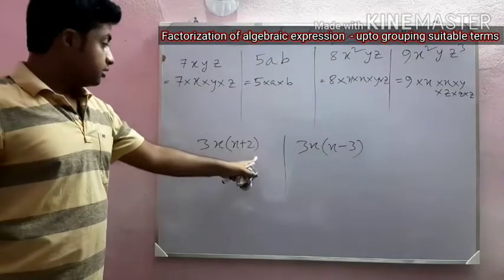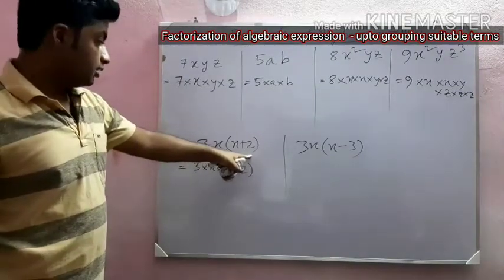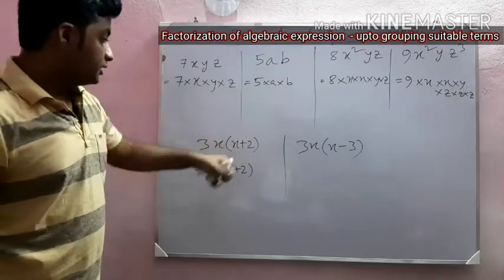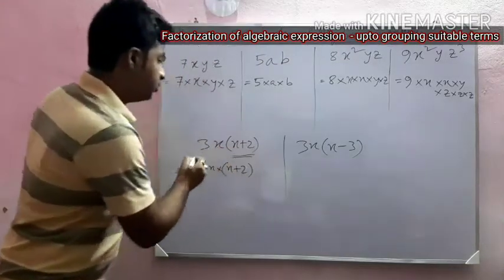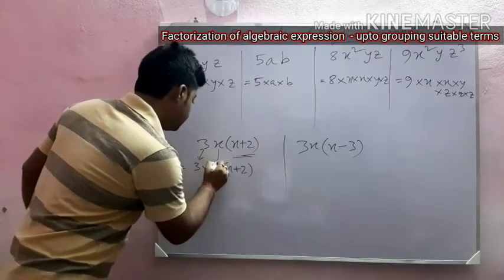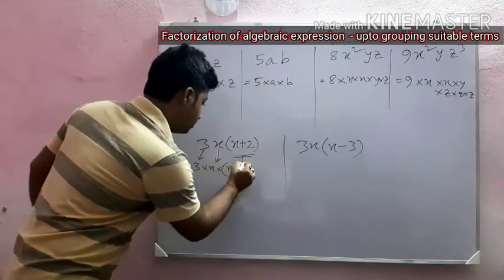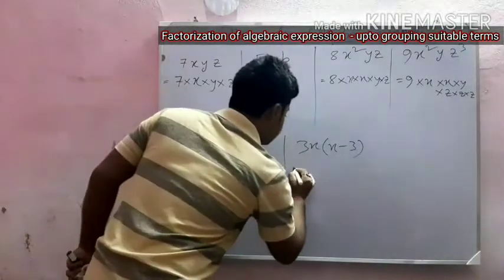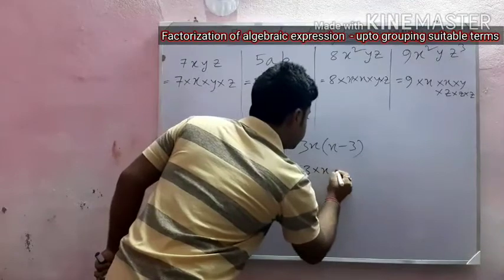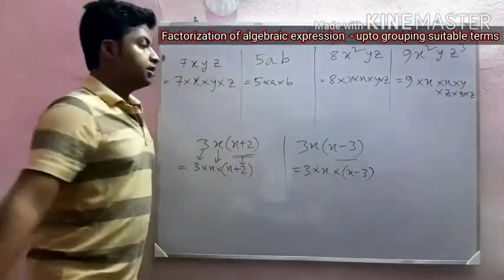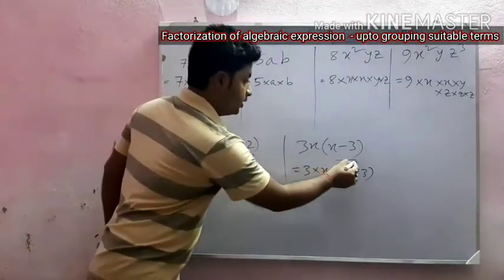Look at this: x plus 2 is a single factor. You cannot break that. This is a single term. So these are the 3 factors of this algebraic expression, right? And for this one, 3 into x minus 3. Again, this one is a complete single term.